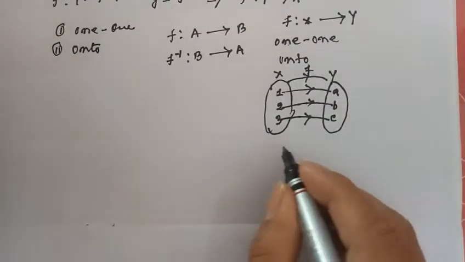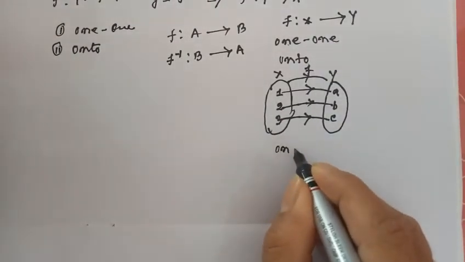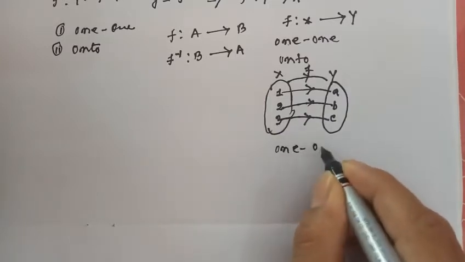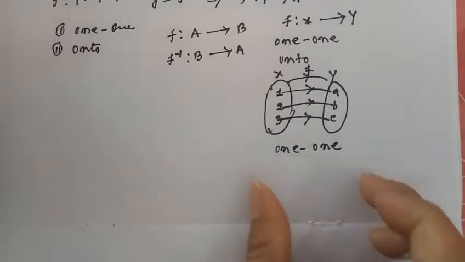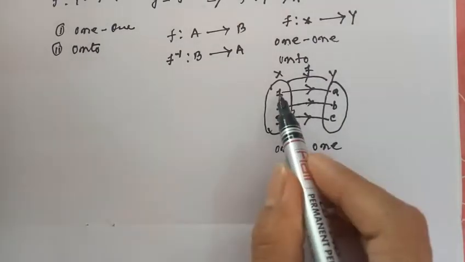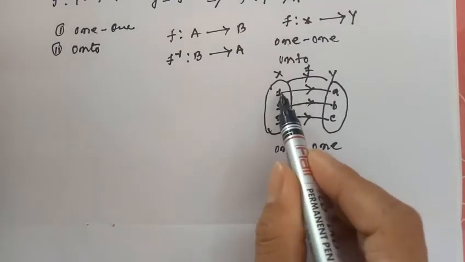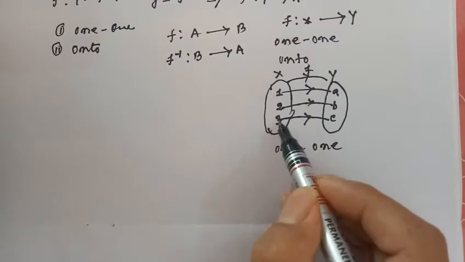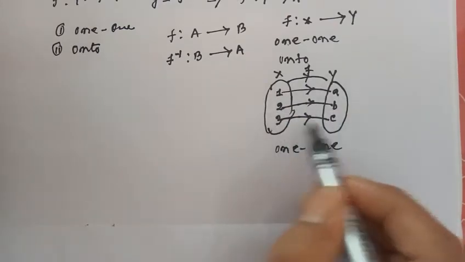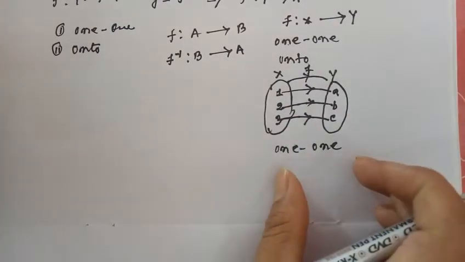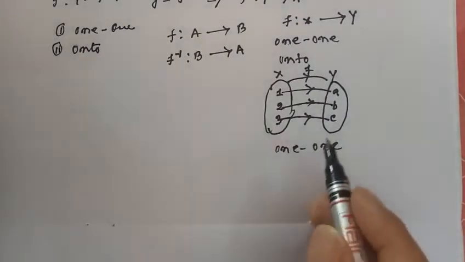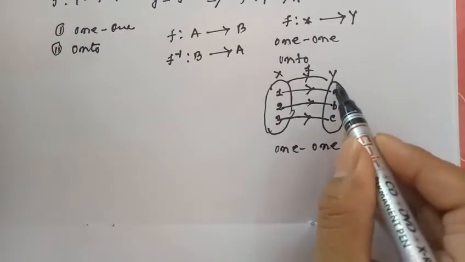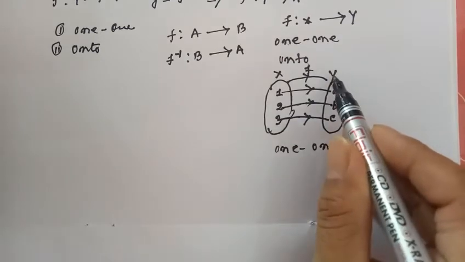So then we call it a one-one function. Once again, all the elements of set x have distinct images in y, then we call it one-one. For onto, we see the elements of the second set, that is y.